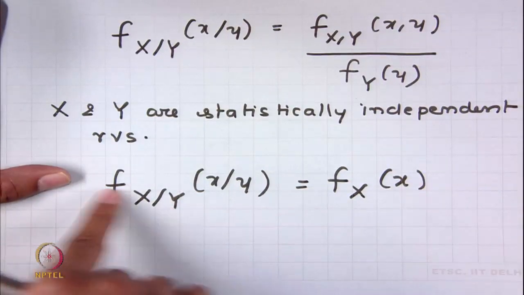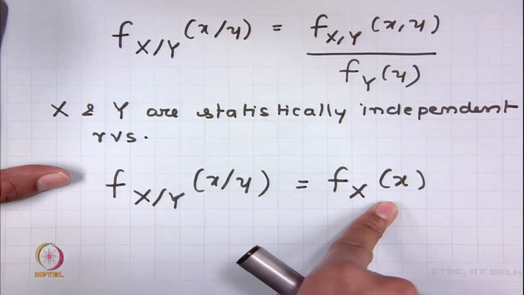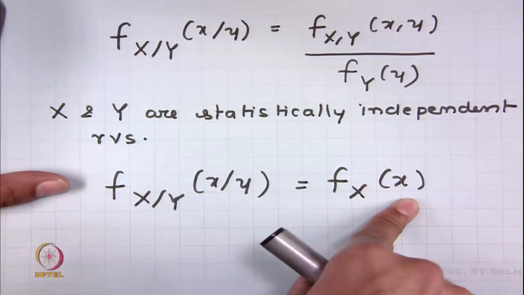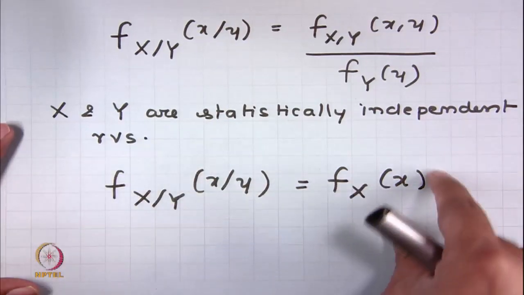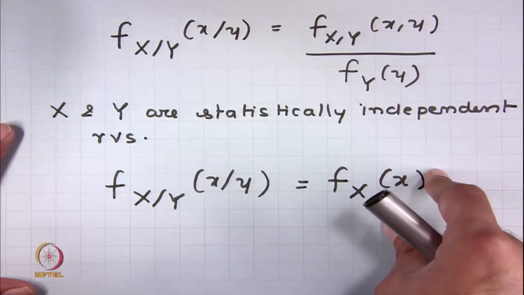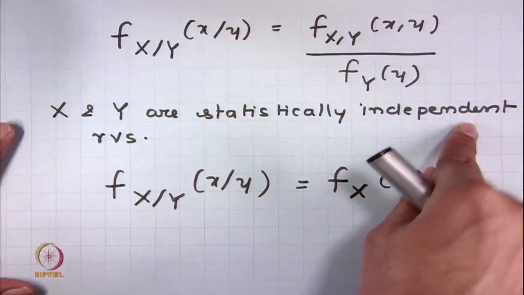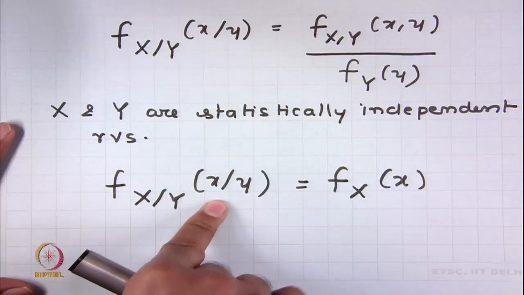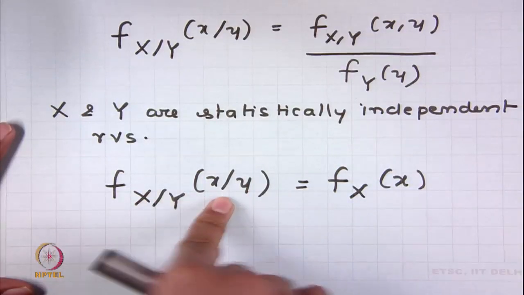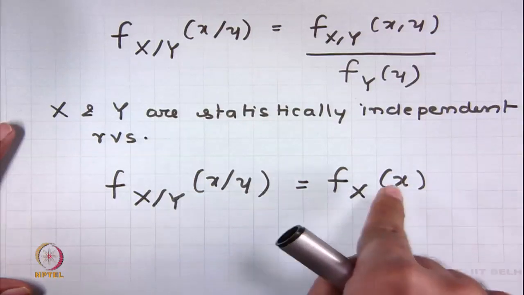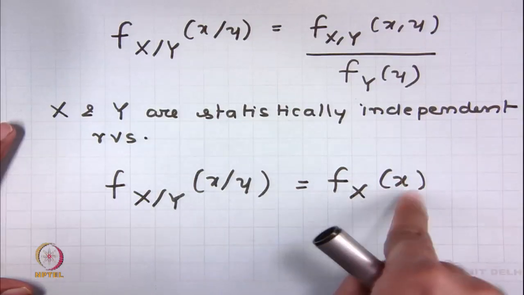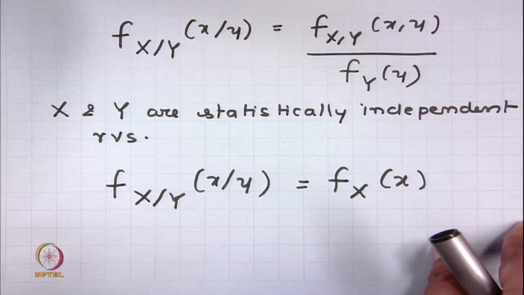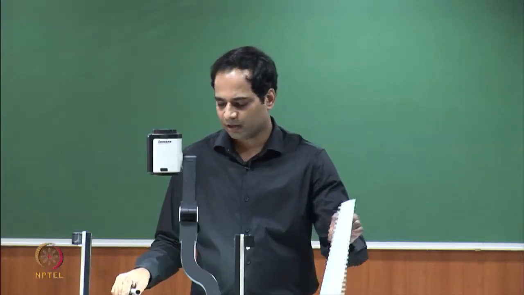So, whether you are given y or not given y, the PDFs are the same. So, this is the meaning of statistically independent random variables. If two random variables are statistically independent, the conditional probability density function of x given y is the same as the probability density function of x. Okay. So, this is the basic interpretation of statistically independent random variables.